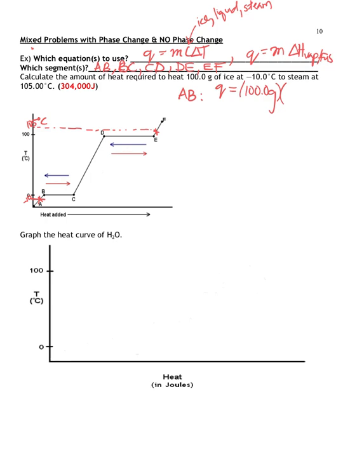The specific heat capacity of ice is provided in the table, and that's 2.03 joules per gram times degrees Celsius. And the change in temperature along this segment up until 0 is 10 degrees Celsius. I'm just going to put the 10 degrees Celsius as my final answer.